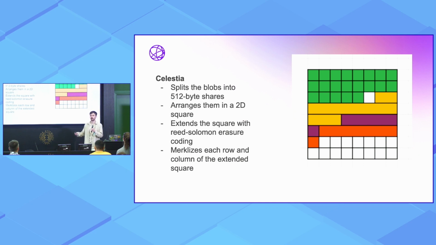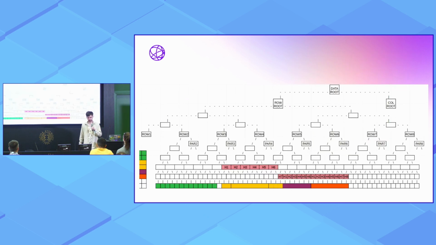For each block, it breaks each blob up into 512-byte shares, lays the shares out in a 2D square, erasure codes them into a bigger 2D square, and then takes Merkle roots of each individual row and column, and basically unrolls the whole square and creates this giant Merkle tree, whose root we call the data root. The data root gets signed by the validators as part of the header.